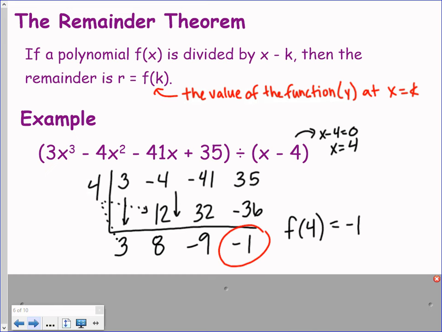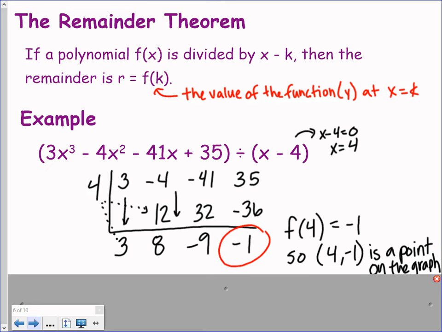Meaning if I were to put 4 into this polynomial, negative 1 would be my output for y. So that means that the point 4, negative 1 is a point on my graph of a polynomial.